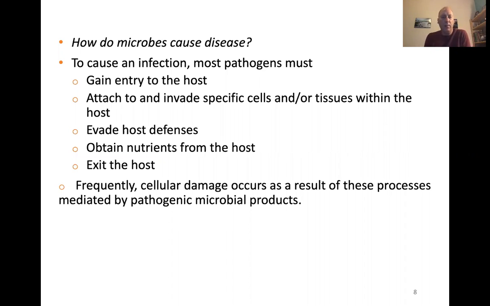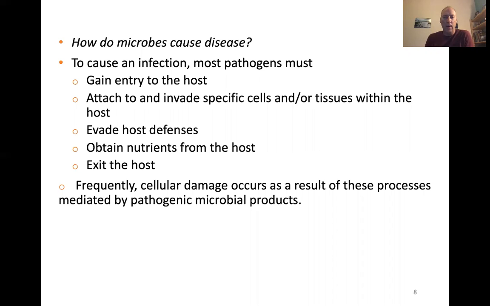the host cell. So somehow the pathogen has to attach and invade either specific cells. That's usually a virus in that case, but sometimes there are bacteria that actually invade host cells as well. Or, bigger picture, they just have to be able to attach and invade particular tissues.